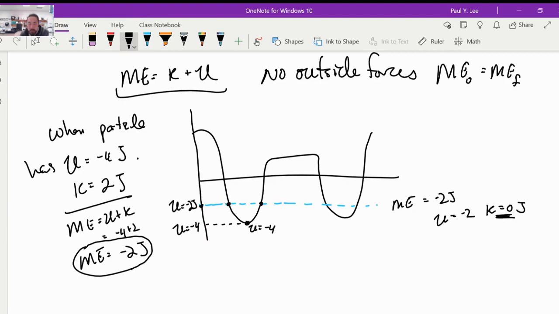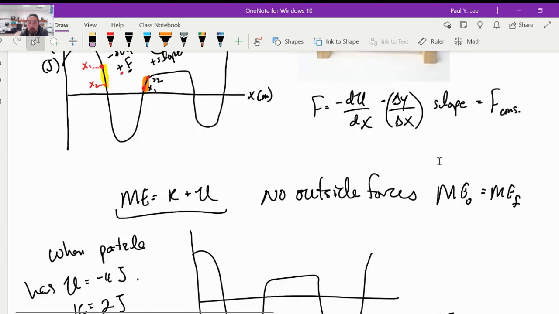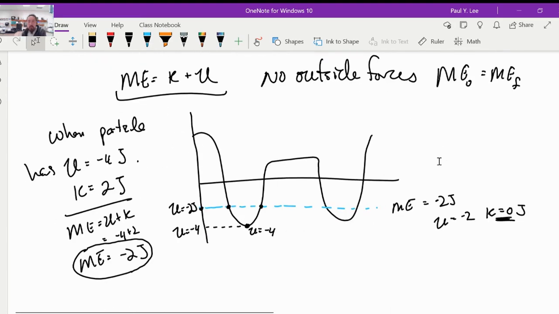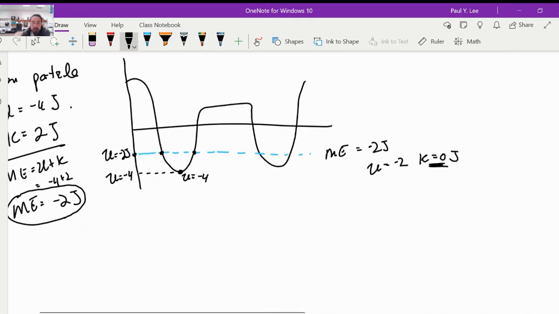Now, in a real world sense, okay, going back to the baby toy, right? In a real world sense, what does this mean? So here, this tells us a couple of things. This tells us that these are what we call turning points, okay, when K is equal to 0 joules.